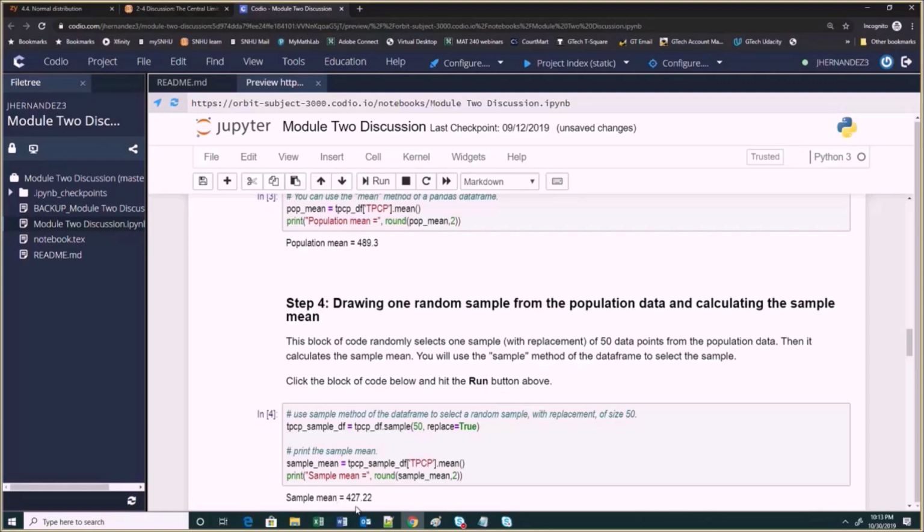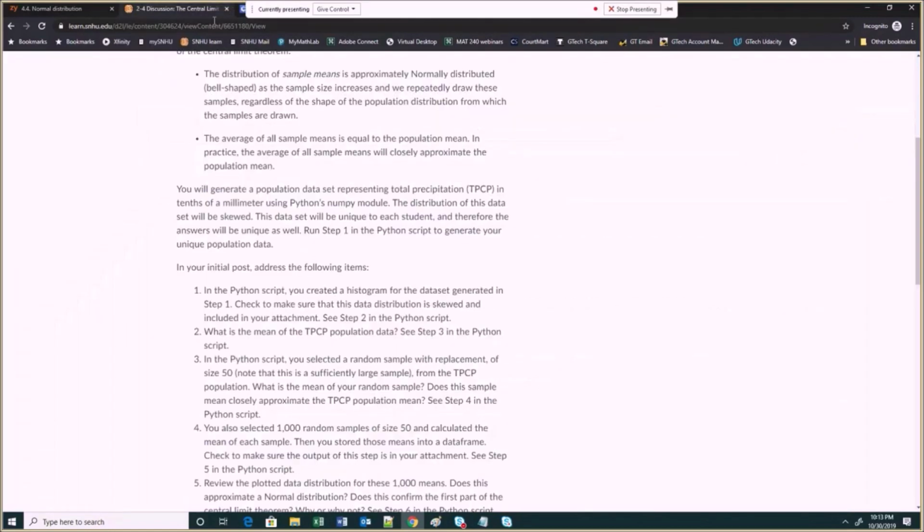And you can see that 427 is not that close to the unknown population mean of 489, and that is what we expect. Each time you generate a sample, sometimes it will come out closer to the population mean, and sometimes the sample mean will be not that close, like in this case. So that answers this question.